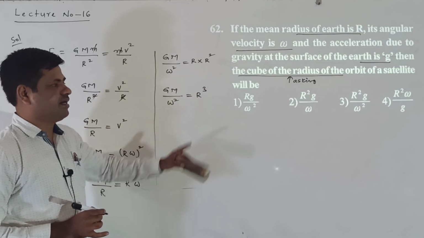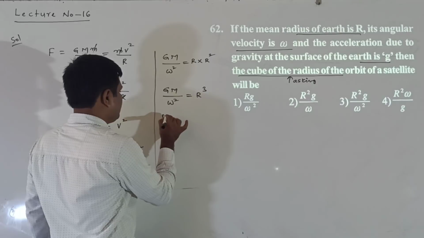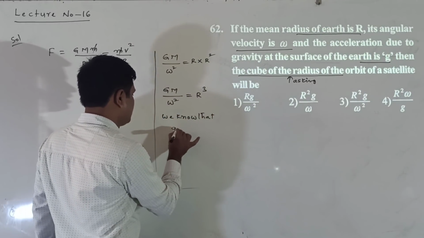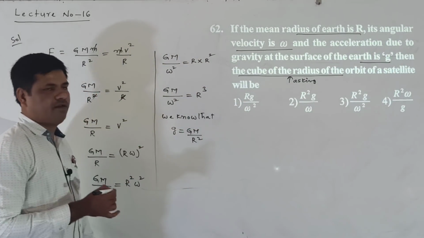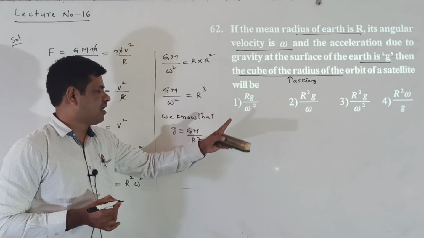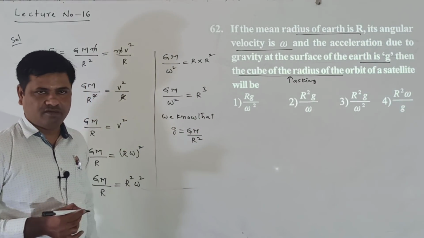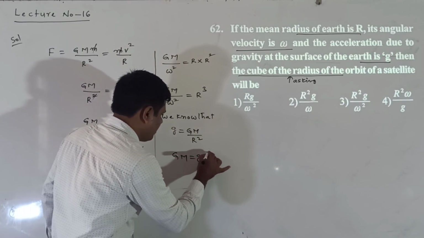Here we are getting R cube, but it is given in terms of small g, so how do we change it? We know that g is equal to GM by R square, but GM is required. The options are not in terms of capital G, so it can be changed in terms of small g. So GM is equal to g R square.